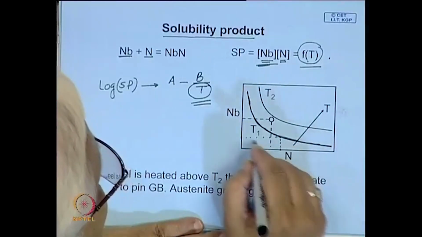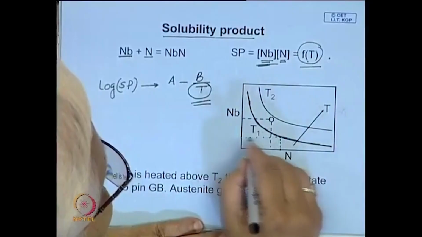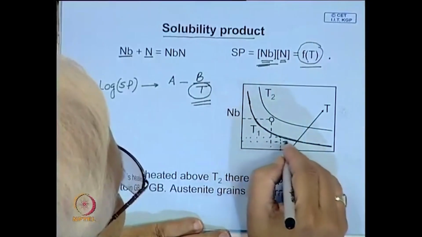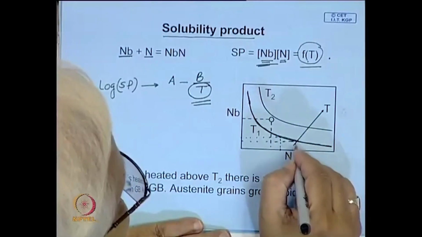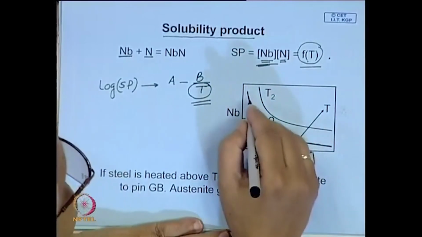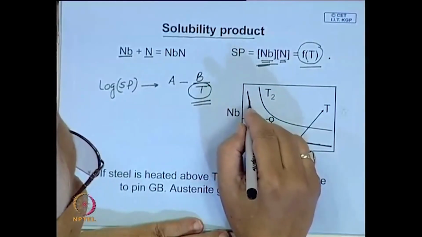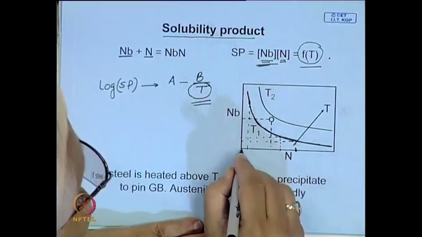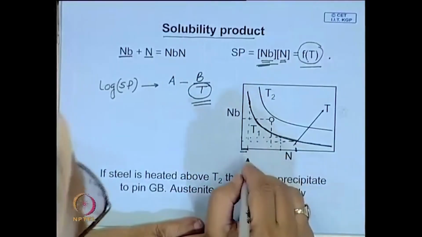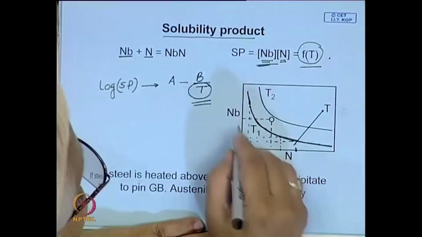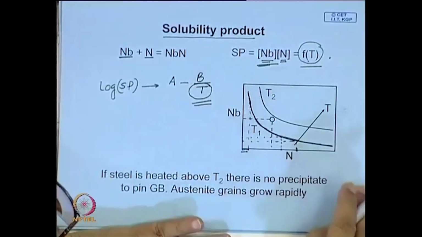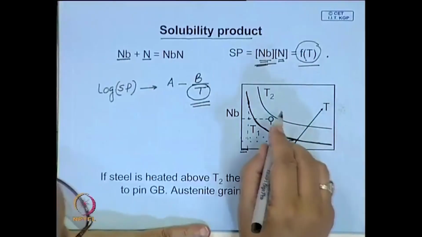So, if you have a small amount of niobium, this is the amount of niobium, then the amount of nitrogen in the steel can be high. Similarly, if you have a high amount of niobium, the amount of nitrogen in steel is very low. So, you have to maintain an optimum quantity of soluble nitrogen or niobium in steel, so that you get the optimum amount of this dispersoid.